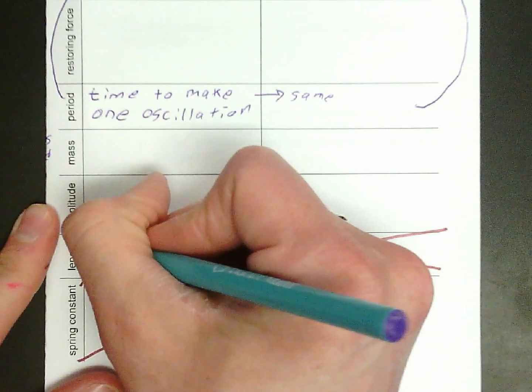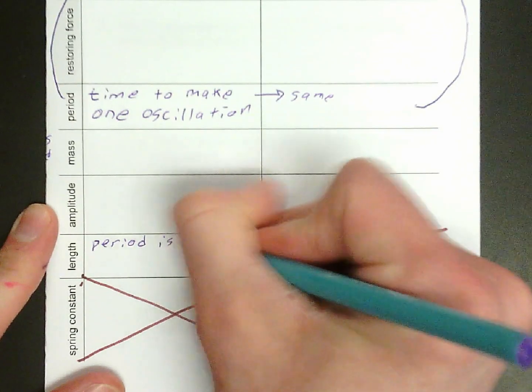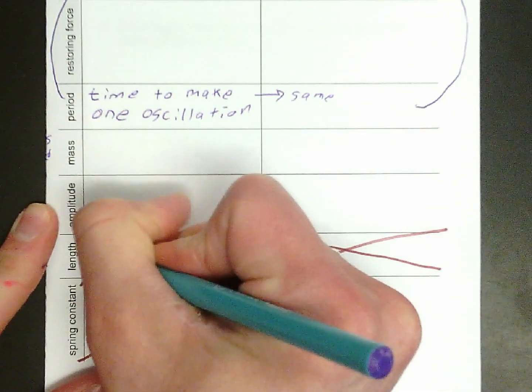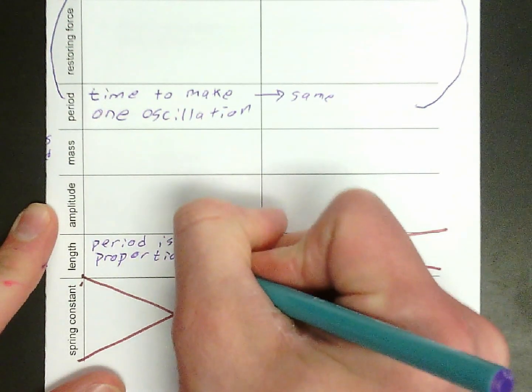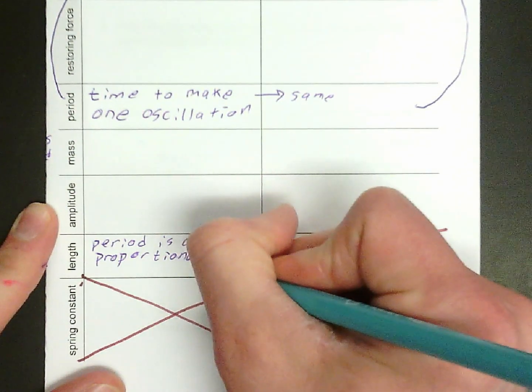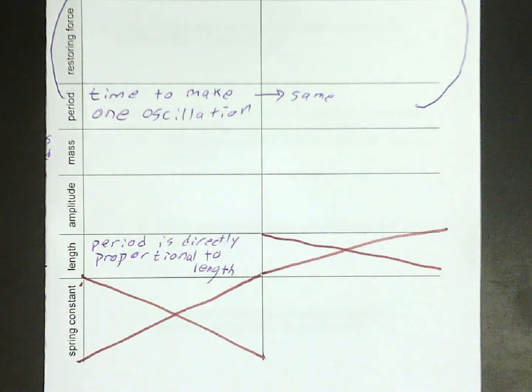So period is directly proportional to length. If you increase the length, you increase the period. It takes longer. If you decrease the length, you decrease the period. It takes less time.